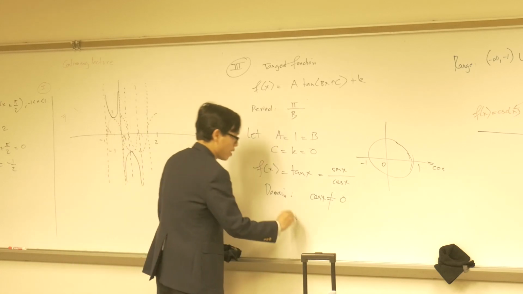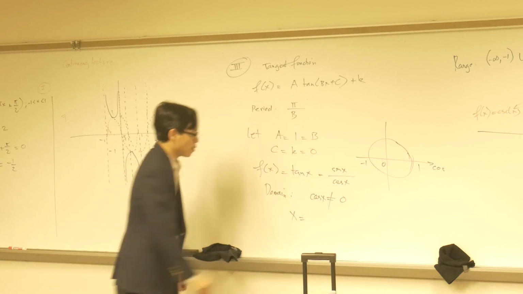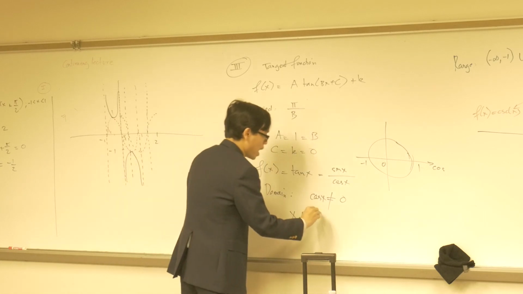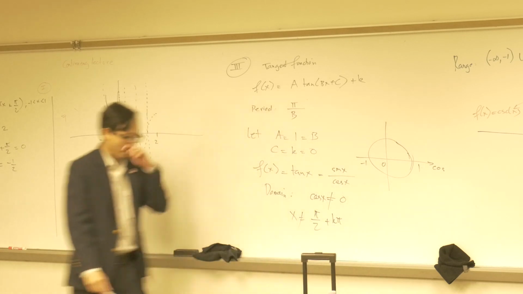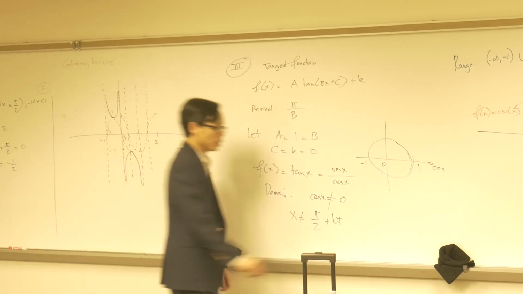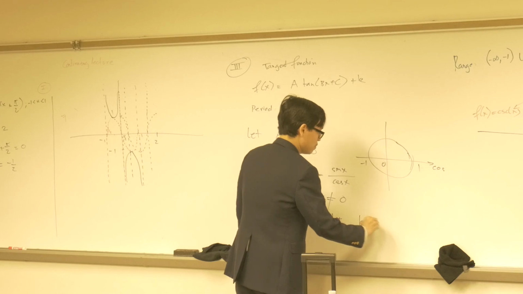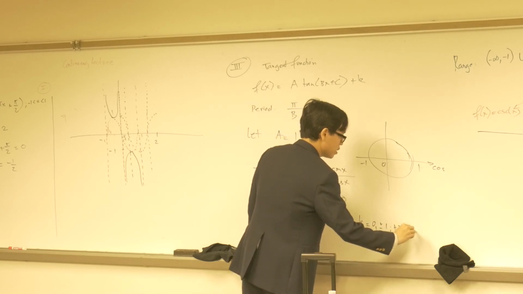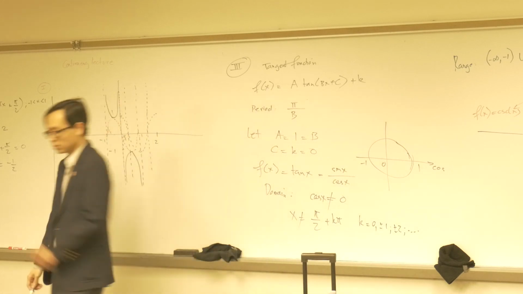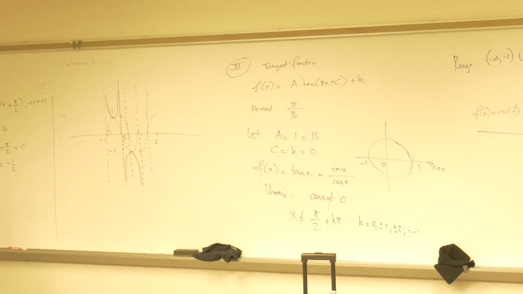So I can write the domain in general form: x is everything different from pi over 2 plus k pi, with k equal to 0, plus or minus 1, plus or minus 2, and so on.